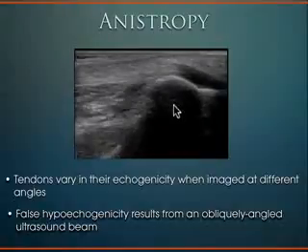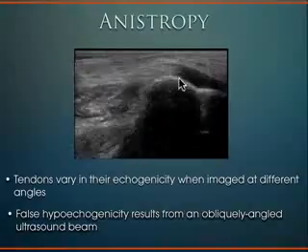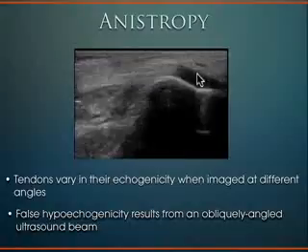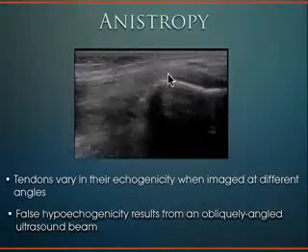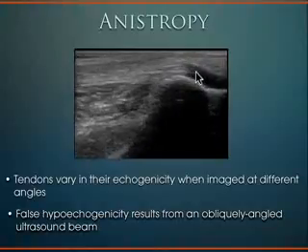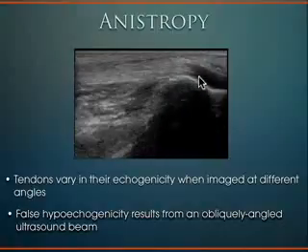But what you're looking at here is a bony cortex right here. This is the overlying tendon structure, this fibular longitudinal pattern through here, with the overlying subcutaneous tissue. Now, what the practitioner is doing right now is bringing the probe from what we call heel to toe, so just rocking the probe.